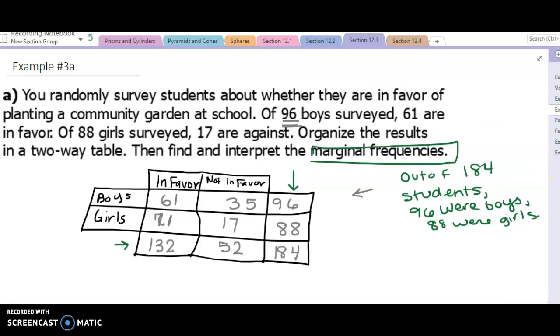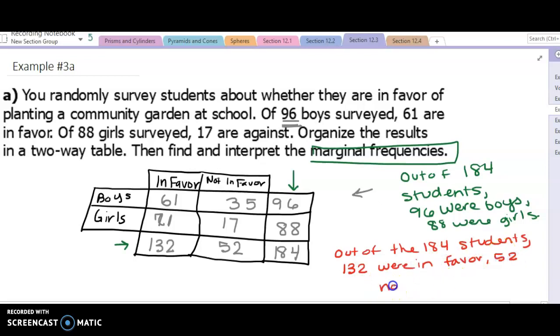Okay, so that'd be one side. Or I can say out of the 184 students surveyed, 132 were in favor of planting the garden, while 52 were not in favor.